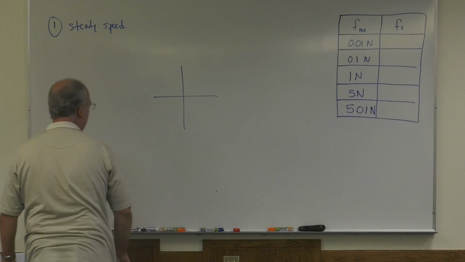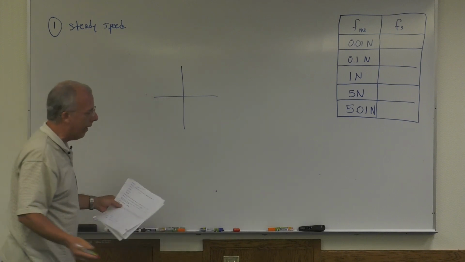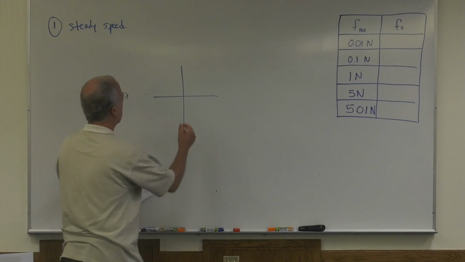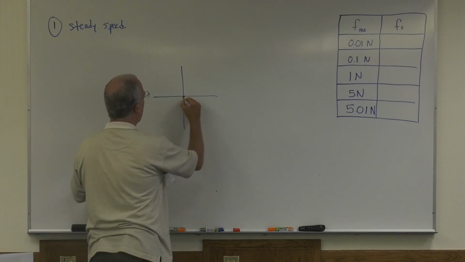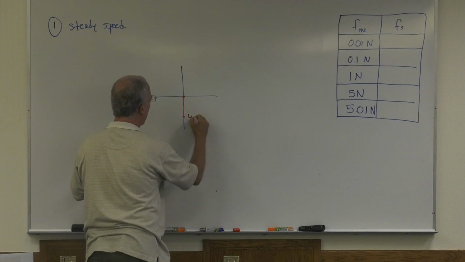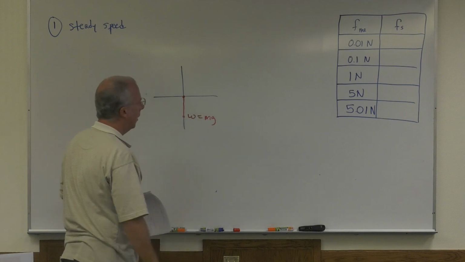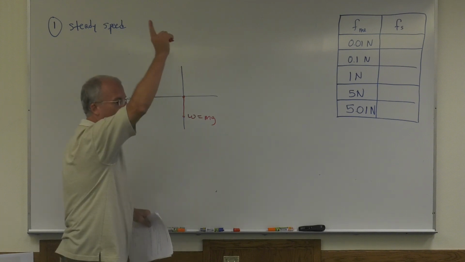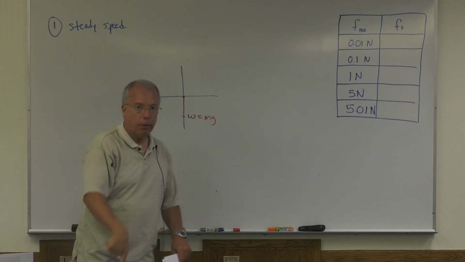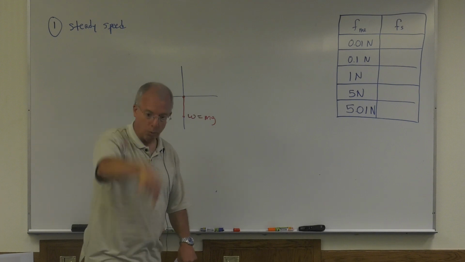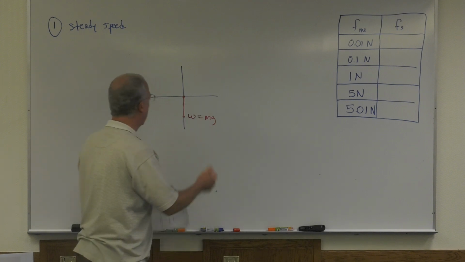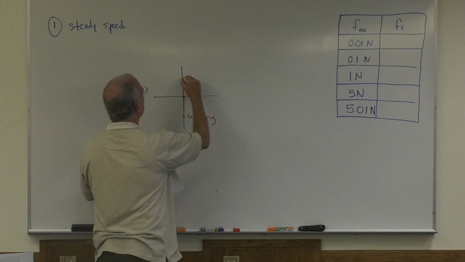The box has a mass, so there's the box. One of the forces is the weight. You don't have to write equals mg, I'm just doing it. There's also a normal force. There's no acceleration along the vertical, so if there's a weight, there has to be an opposite normal force.